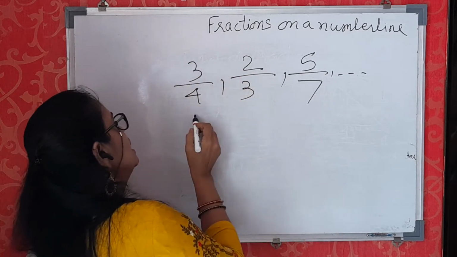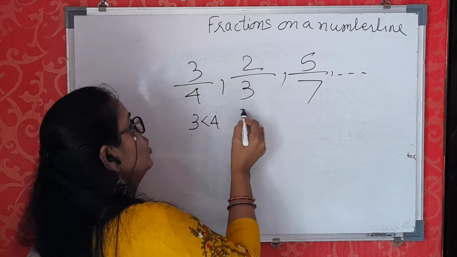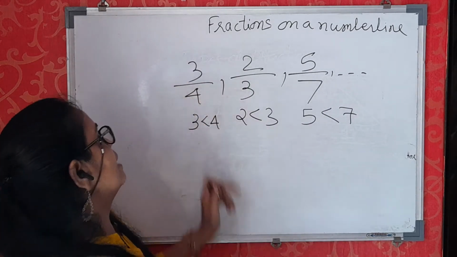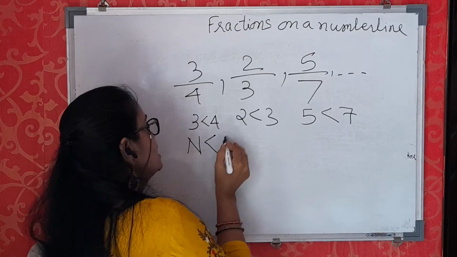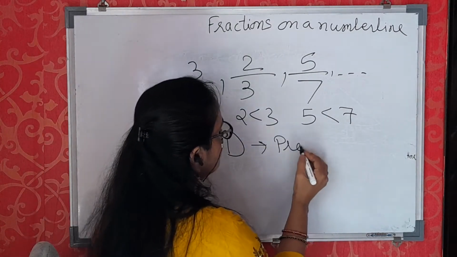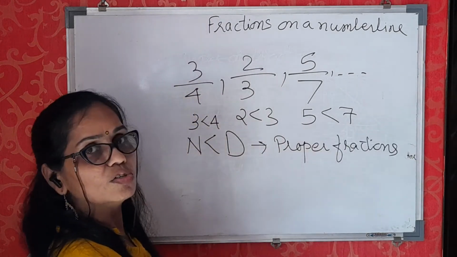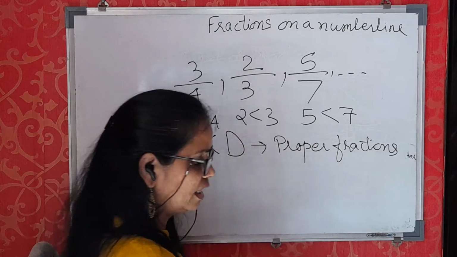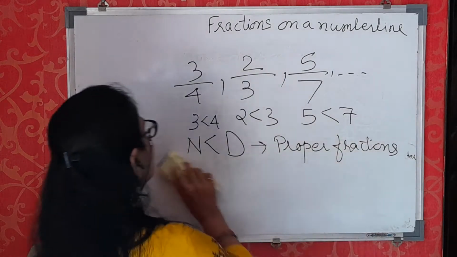So here 3 is less than 4, 2 is less than 3, 5 is less than 7. That means whenever your numerator is less than the denominator, they are known as proper fractions. Right? So what do you mean by proper fractions? When the numerator is less than the denominator, they are known as proper fractions.